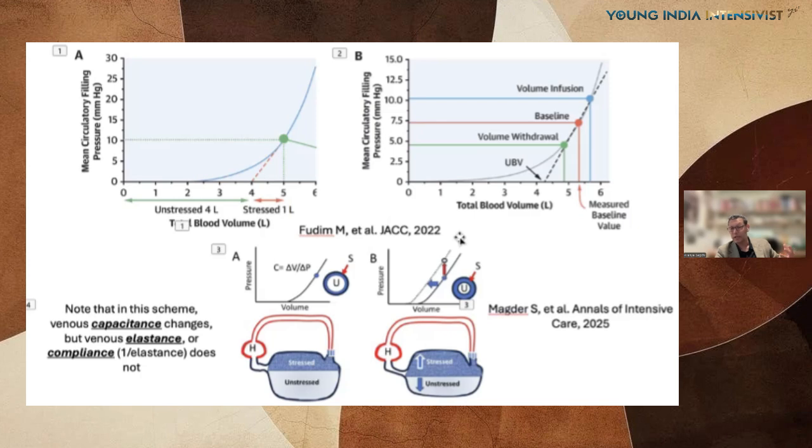The smooth muscle in the venous media hypertrophies. Those are the times when the venous resistance changes. This idea that because you're transferring volume from the unstressed to the stressed compartment your venous compliance or elastance is changing is, in most non-extreme cases, not completely accurate. It's a change in capacitance, not a change in compliance, if that makes sense.